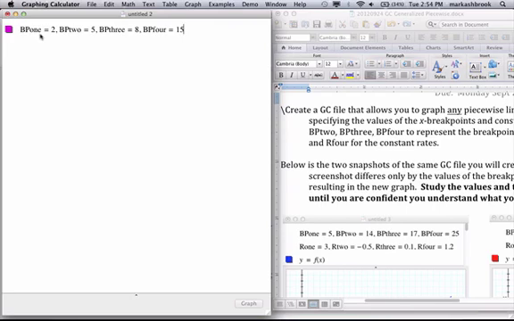Okay, so there's our first line. That's the line where we can go in and change the breakpoints, make them anything we want.